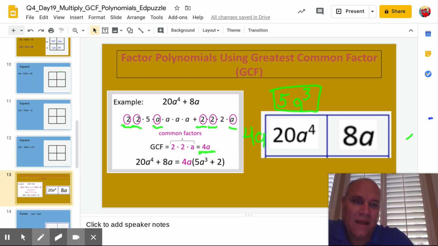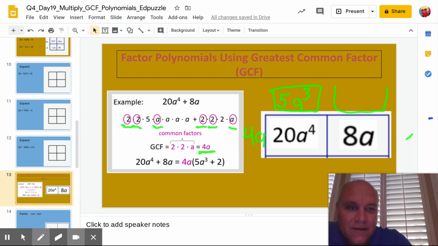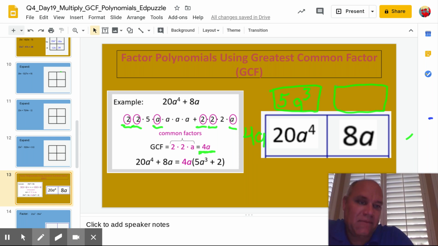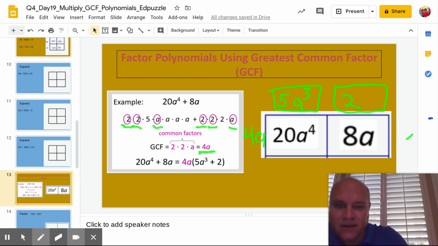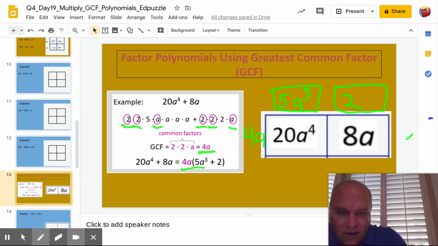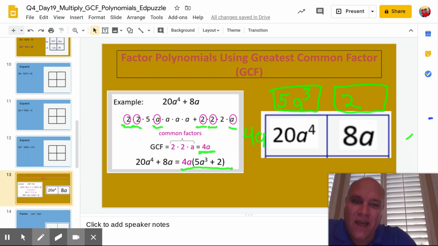And then they're going to go 4a times what gets me 8a. So, okay, I know 4a times 2. And then I don't need an a because it's only a to the first, so 4a times 2. So then my answer is going to be what we got down here, the 4a times 5a cubed plus the 2.